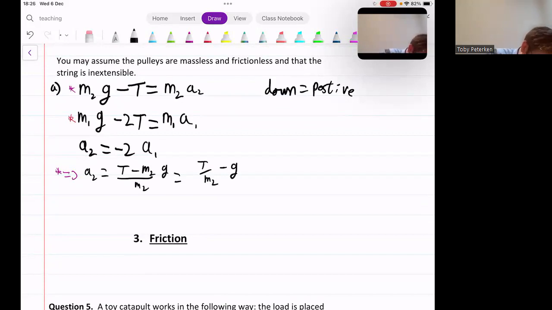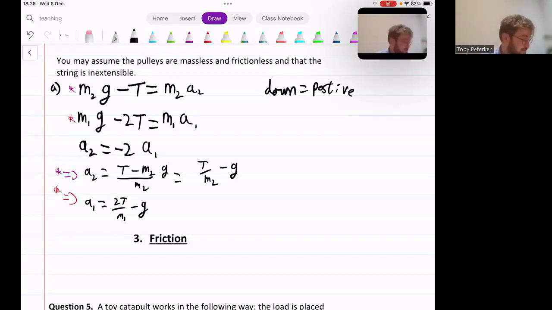And we can rearrange this one to get a1 equals 2T over m1 take away g.